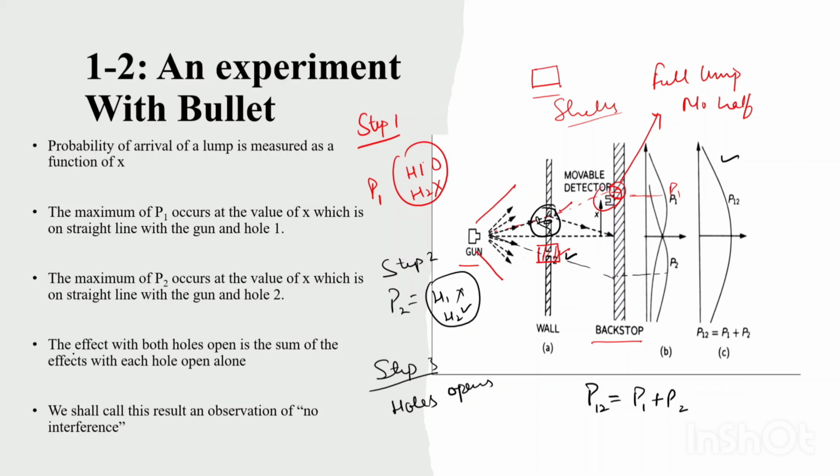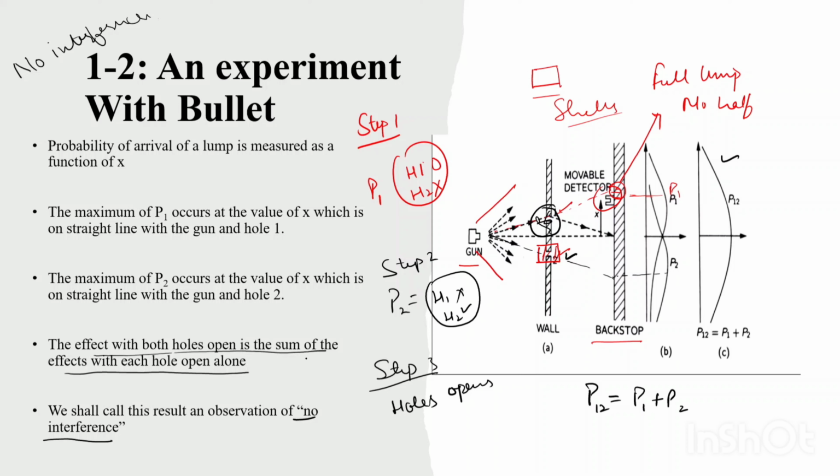So we can say the effect with both holes open is the sum of the effect with each hole open alone. We shall call this result an observation of no interference. You must remember this point, that this experiment with bullets shows no interference. We will discuss it later.